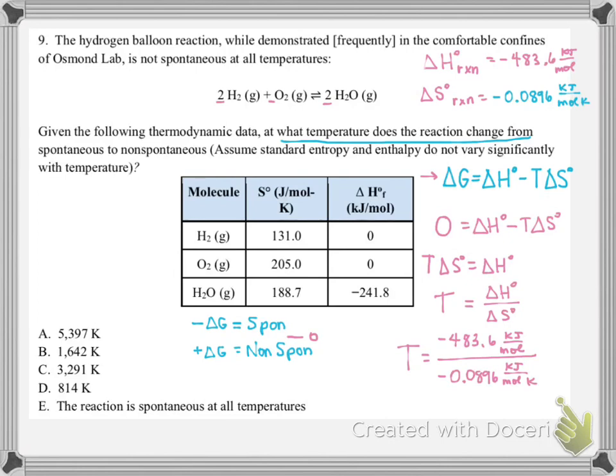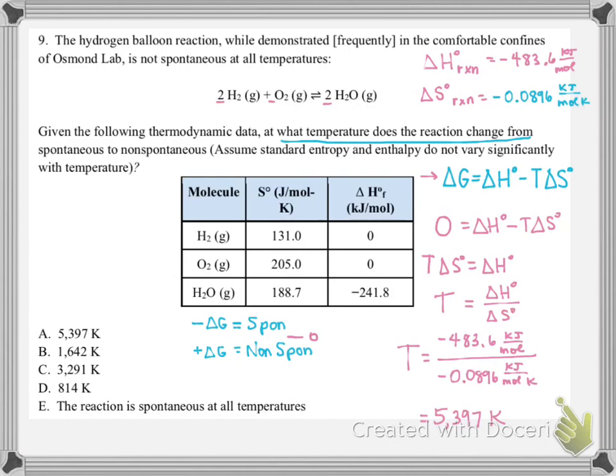And when we plug that in, our temperature will pop out in Kelvin, and it ends up being 5,397 Kelvin. So pretty hot to make this non-spontaneous. And so at that temperature now, our unfavorable entropy term is being magnified and magnified until it's canceling out the favorable enthalpy term.